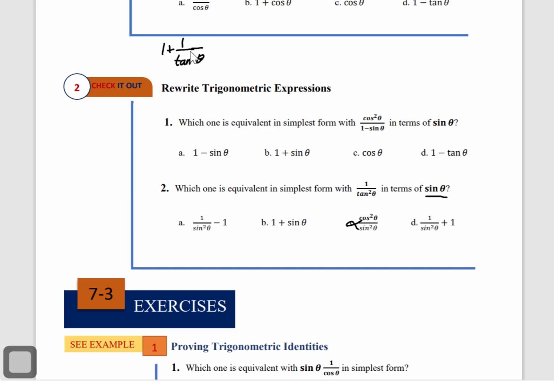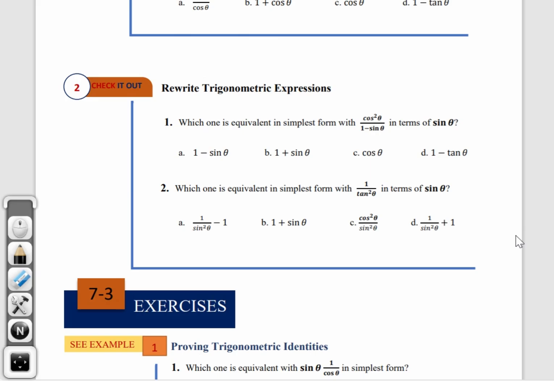On the table, we have this rule. We move the 1 to the other side, so it will be negative 1, and 1 over tan squared is remaining. It will be 1 over sine squared minus 1. So branch A is the right answer.